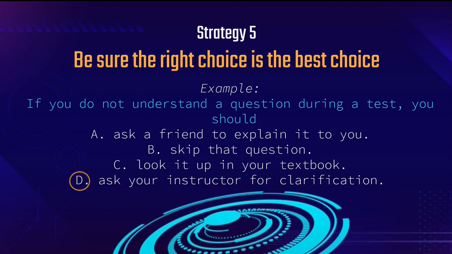D. Ask your instructor for clarification. At first glance, answer B seems to be the correct answer. However, your options reveal that D is the better choice. Both B and D are correct, but D is the best answer.